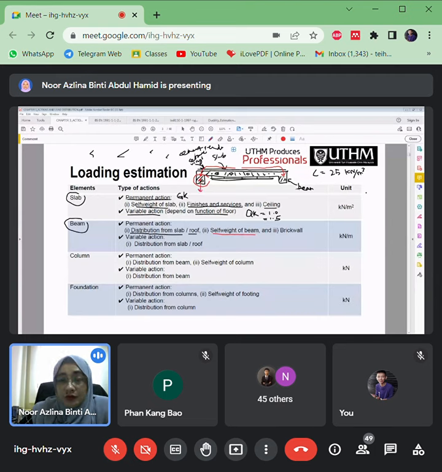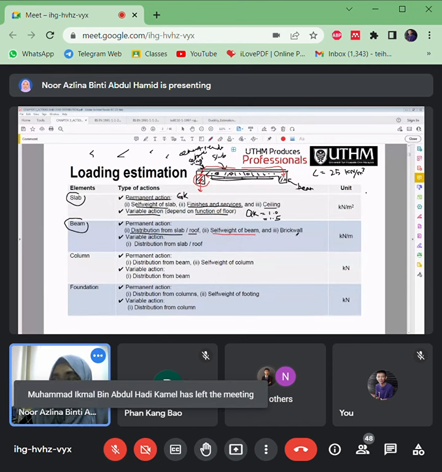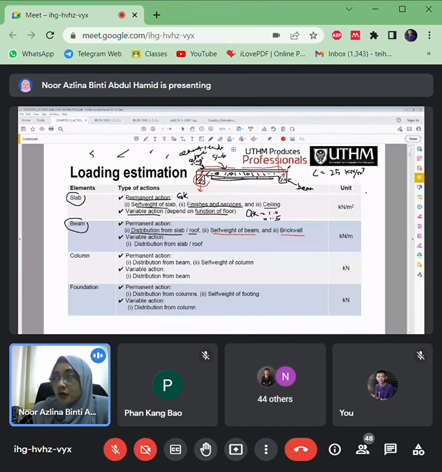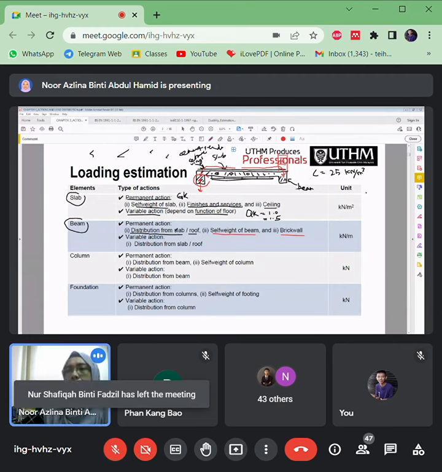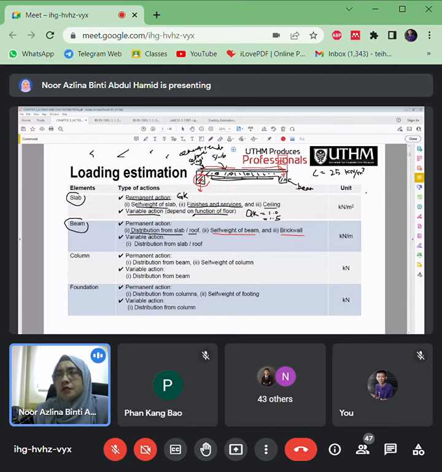It depends on the material of the concrete beams, and then the beams also will support the brick wall. So the brick wall will apply its load to the beam. So if you look here, the beams will support the load from slabs, its own self weight, and also the brick wall if the beam has a brick wall.